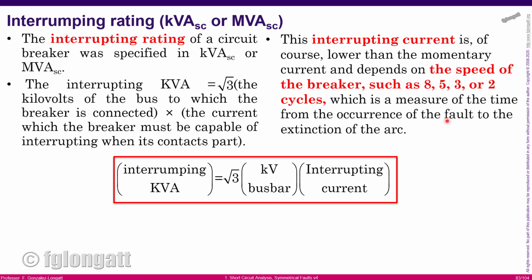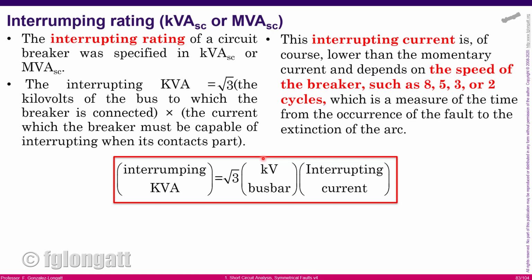Interrupting rating is the name for specifying in kVA or MVA the short circuit capacity that we need to stop. For instance, it's typical that for a circuit breaker, we say that the interrupting capacity will be, because we are working with three-phase current, square root 3 multiplied by the voltage multiplied by the interrupting current.